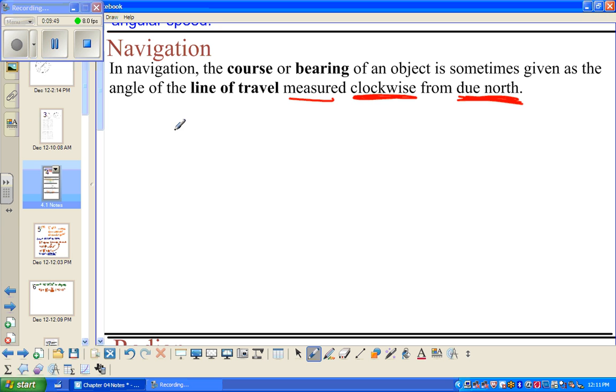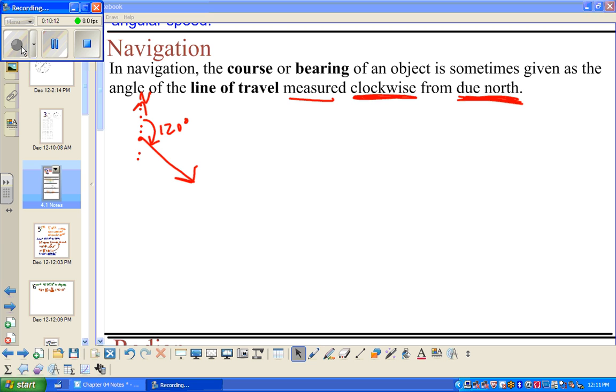So whatever direction you're traveling, say you're traveling this way from here, in navigation, you're going to be traveling so many degrees from due north. In this case, let's say it'd be 120 degrees from due north. Or we might say it has a bearing of 120 degrees. And you would have to just know that's 120 degrees from due north.